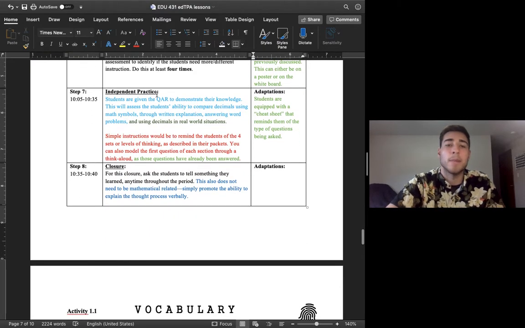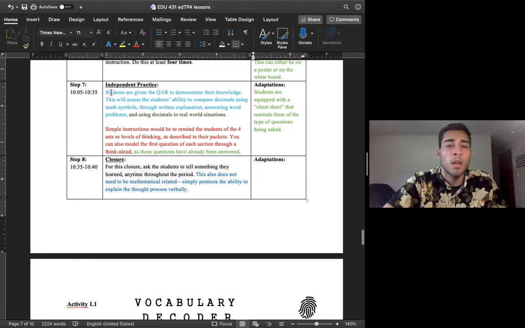So then the independent practice, I will give them the QAR activity to demonstrate their knowledge of what they just learned. This will assess the student's ability to compare decimals using math symbols of what we've already learned in this lesson through written explanation that can be referred back to lesson 2 and how they have to write out the numbers, and answering word problems, again identifying the numbers within the words.